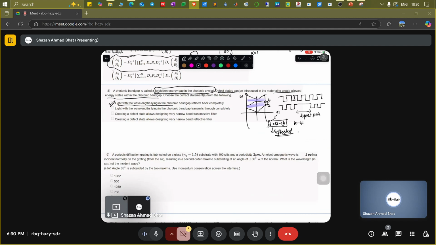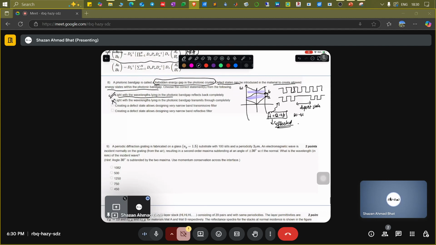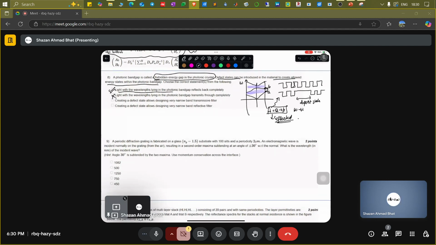The second says light with wavelength lying in the photonic band gap transmits. That's absolutely wrong. The system does not accept those wavelengths. Creating a defect allows designing very narrow band transmissive filters. Creating a defect allows designing very narrow band reflective filters. Yeah, so if you create a defect, then it will allow you to design a narrow band transmissive filter.